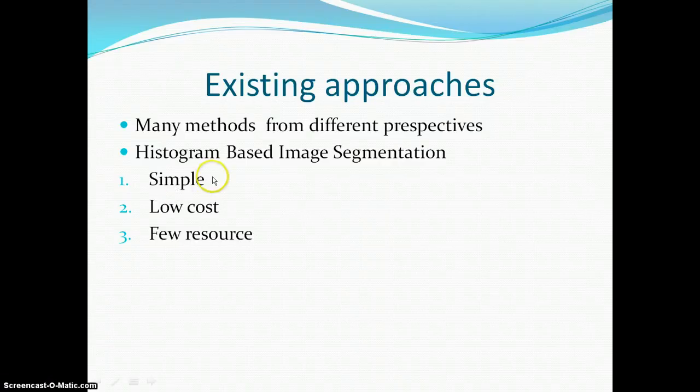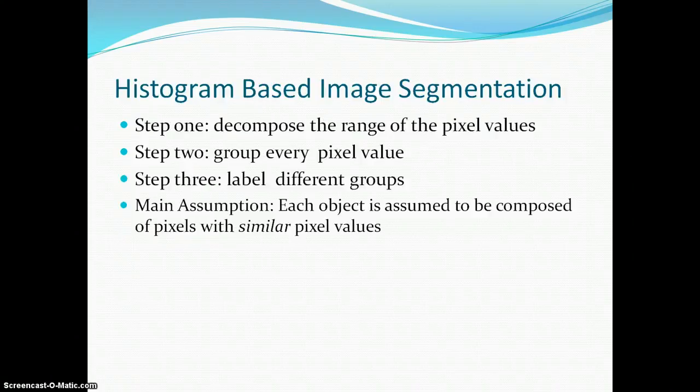It is very simple and low cost. Of course, it uses few resources; it doesn't need a database or anything. There are three main steps to achieve histogram-based image segmentation.